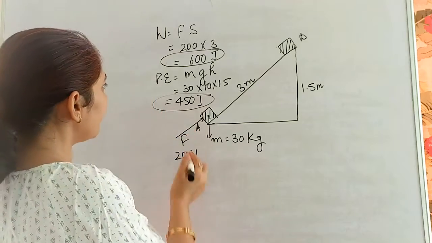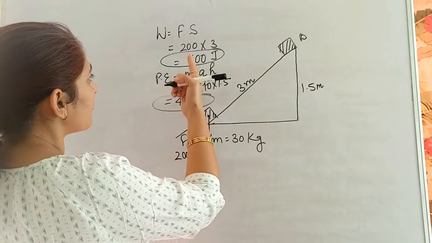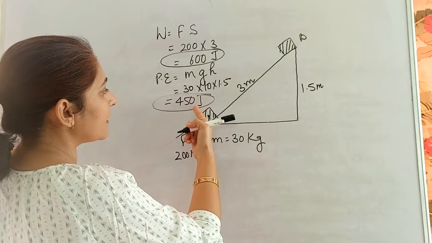When we calculate the work done, that is 600 joules, and the energy is 450.